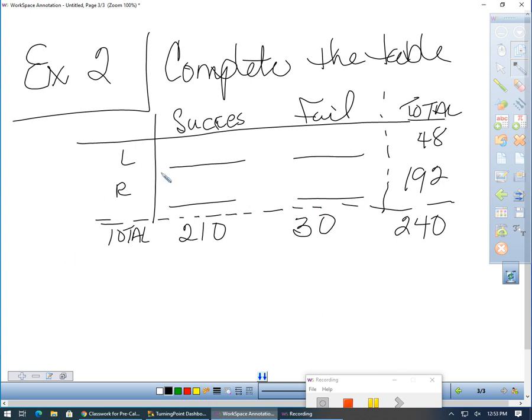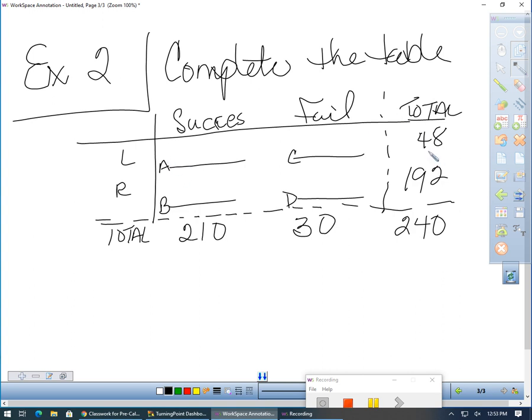We need to find these 4 numbers. So I'm going to label this A, this one B, this one C, and this one D. Let's talk about section A first. In order to figure out what A is, we have to find a percent of what the total is.